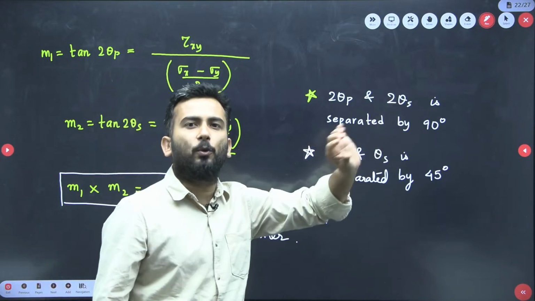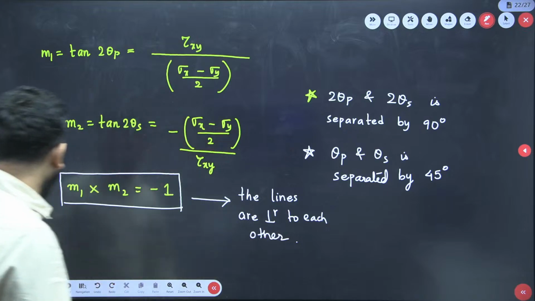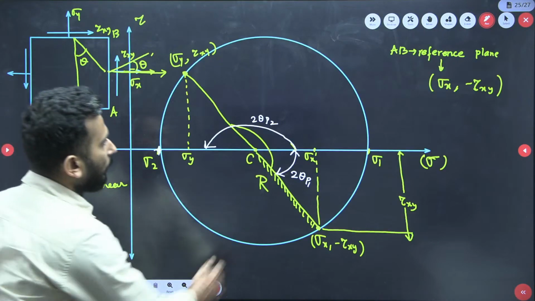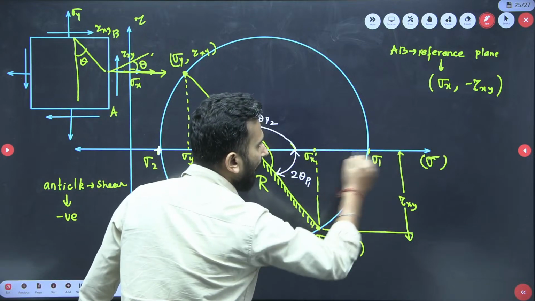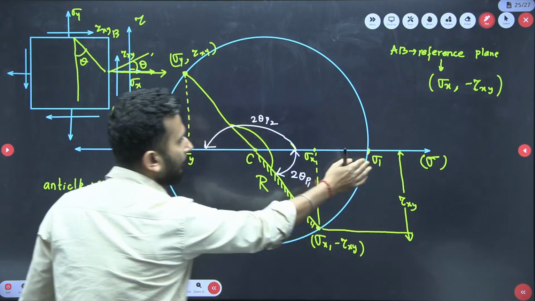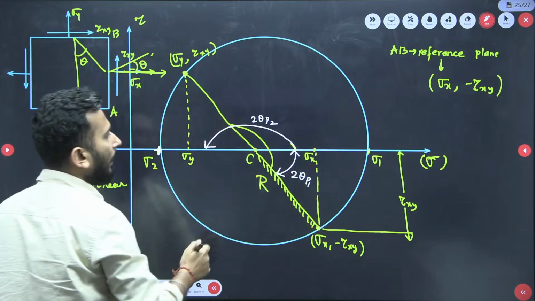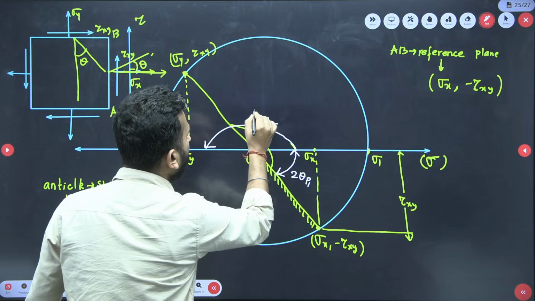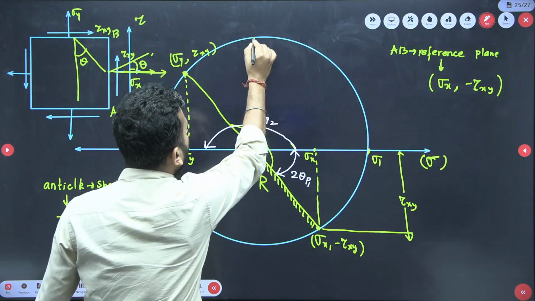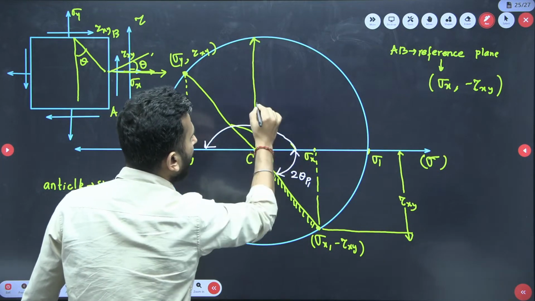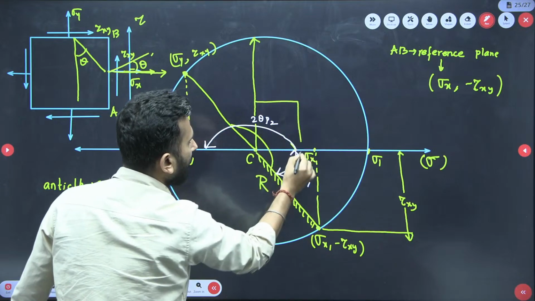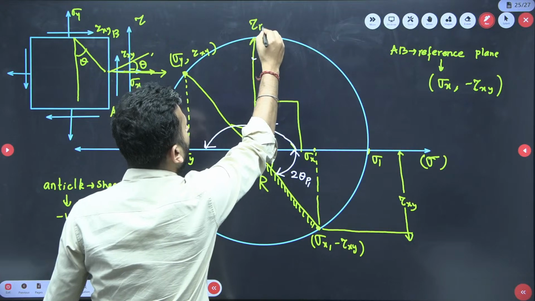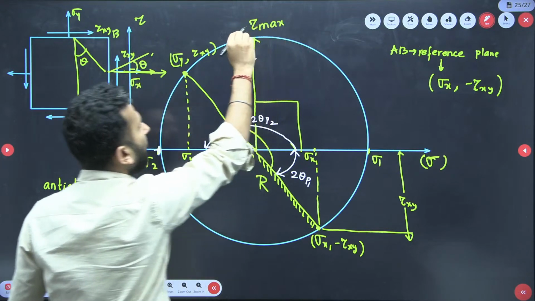So to 2 theta p you simply add 90 degrees, and you will get the plane of maximum shear. This sigma axis is your major principal stress value. So if I simply add 90 degrees, I will be reaching exactly over here. So this is the 90 degrees, so simply rotate 90 degrees and you will be getting the tau max value.